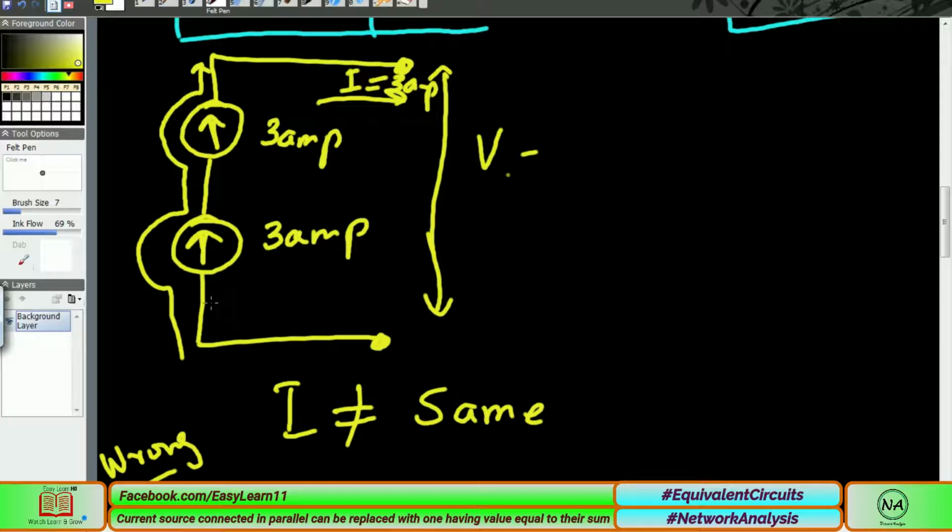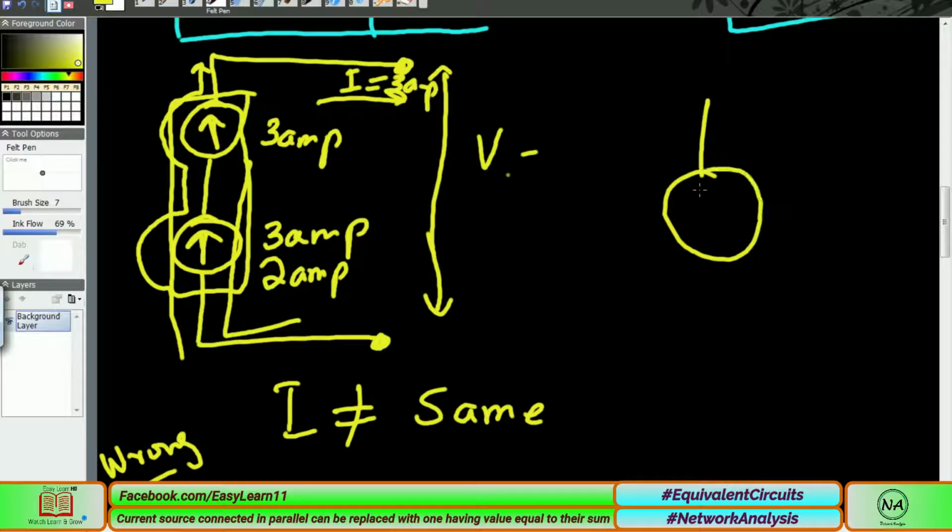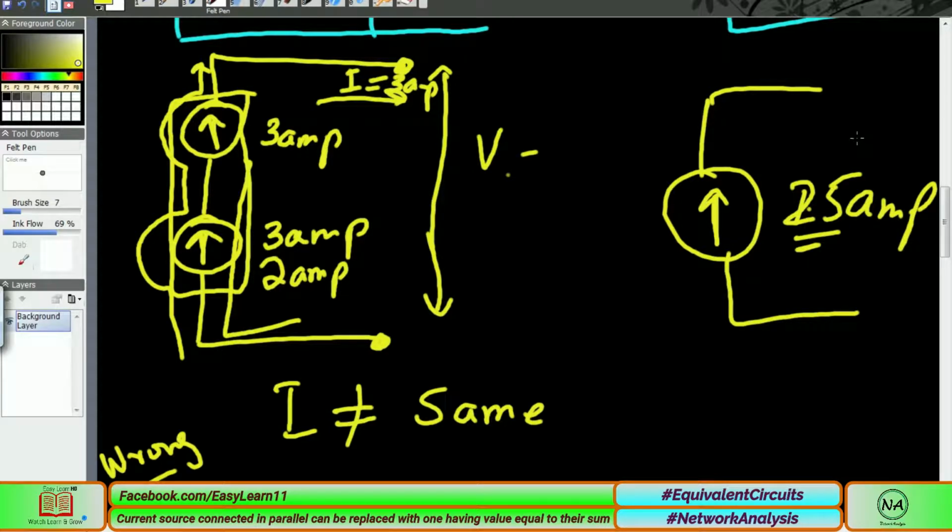If the current is reduced here, for example to 2 ampere, then what happens? The higher current tries to balance this portion. So the balanced portion will be between 3 and 2, the average will be 2.5 ampere, the overall current you receive here for the rest of the network.